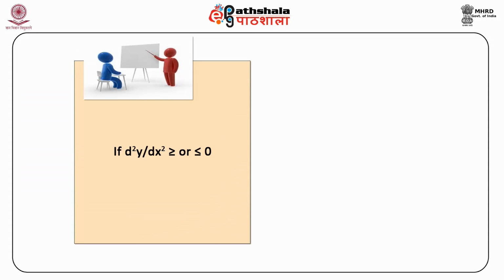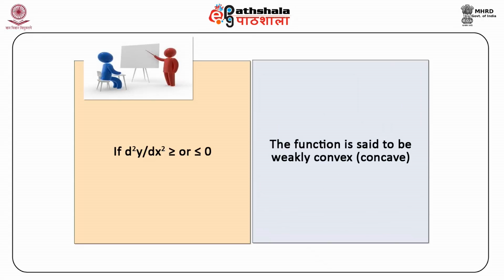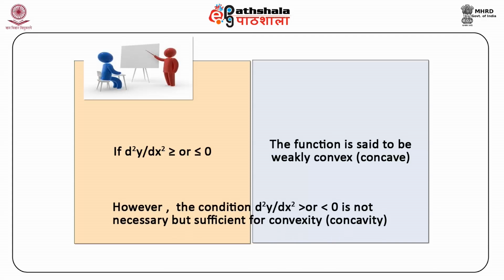If d square y upon dx square is greater than or equal to or less than or equal to 0, the function is said to be weakly convex or concave otherwise. It may be pointed out that the condition d square y upon dx square greater than 0 is not necessary but sufficient for convexity, and if it is less than 0, it is not necessary but sufficient for concavity.